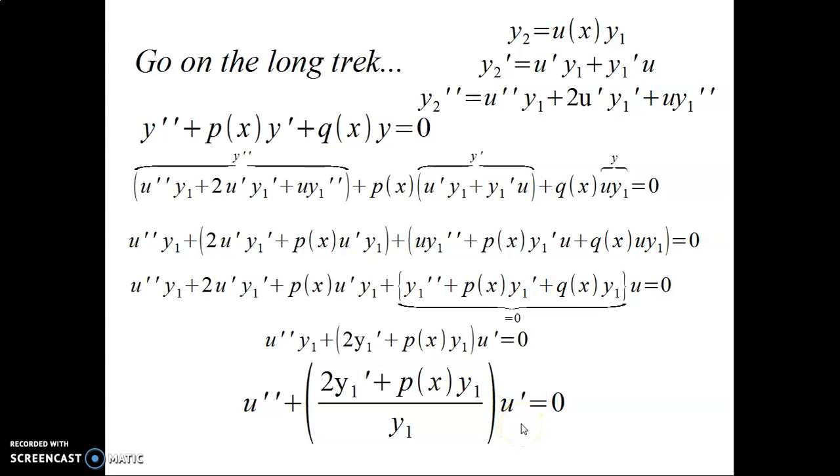A lot of books at this point would relabel this and call u prime v, and they'd say v prime plus the same term in parentheses times v equals 0, just to make it clear and obvious that this is a first order linear differential equation. So that's something we know how to attack. In fact, in my class we already covered a couple of sessions ago a formulaic solution to the first order linear homogeneous differential equation.